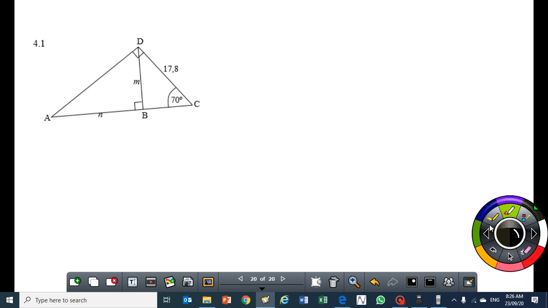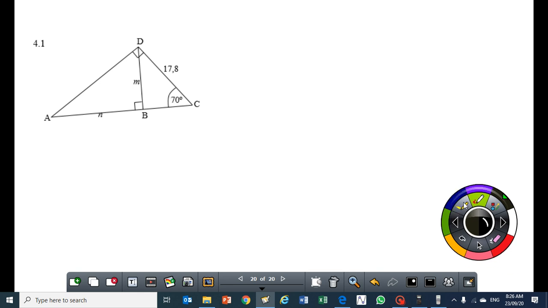First thing, let's find M and N. To find M and N, I'll just write here example. This is a numerical one. We need to find M and then we need to determine N.